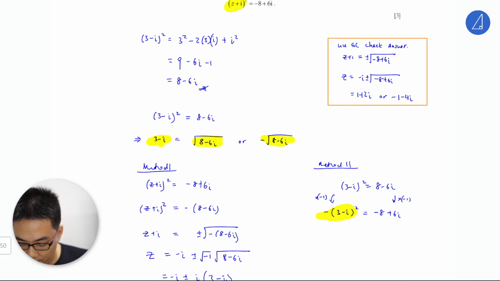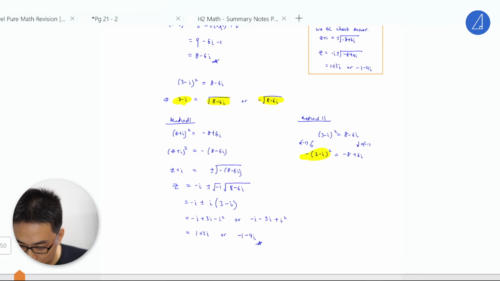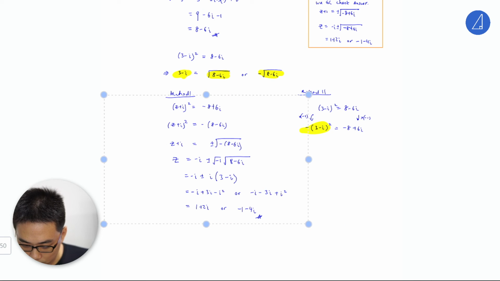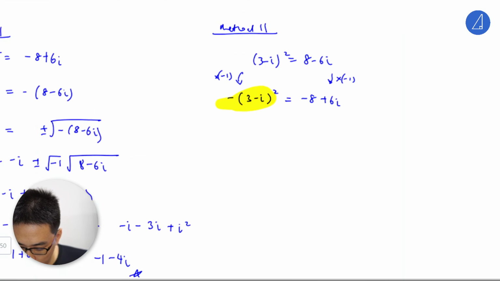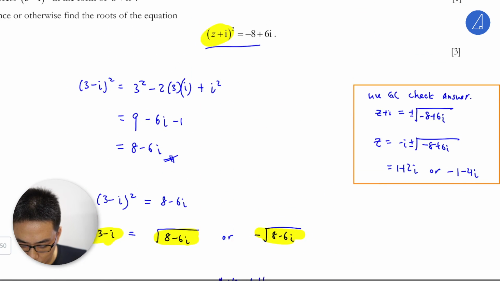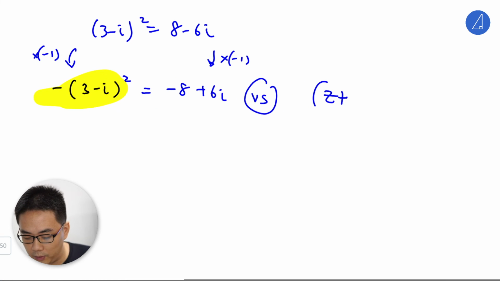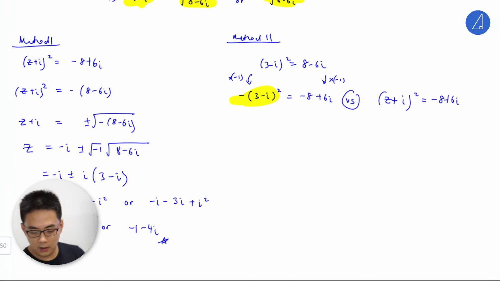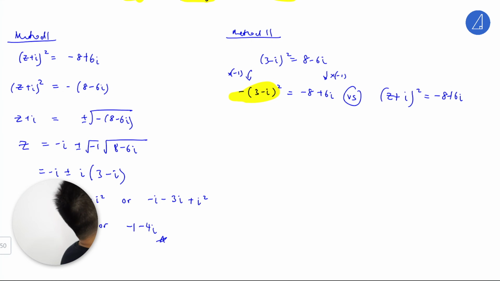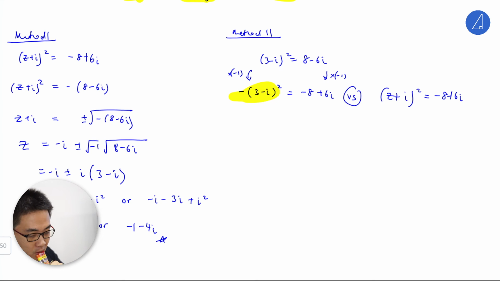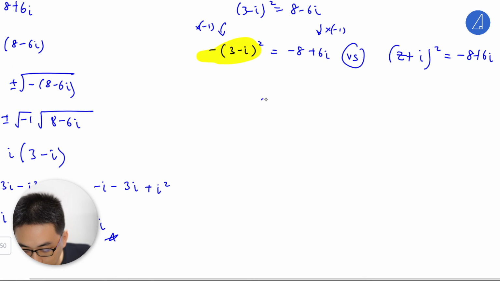Before that, how do we arrange? Because now we compare this and this. Maybe I put this aside. Compare this versus this one. Maybe you may not use this method, but learn it. As I say, it's always about knowing the perspective. Then this one will be z plus i squared equals minus 3 minus i squared.